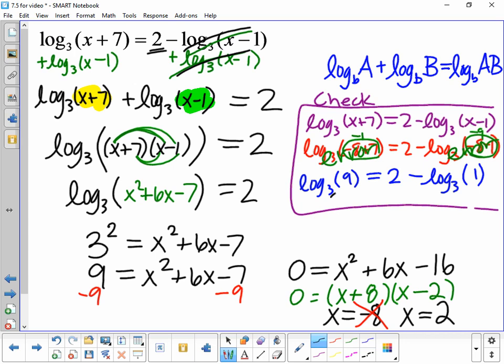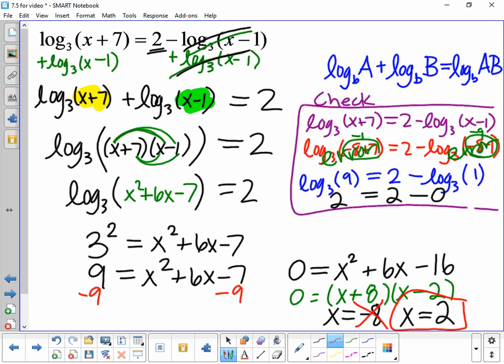Log base 3 of 9 is 2, so that's saying 2 is equal to 2 minus log base 3 of 1. That's asking me what power of 3 gives me the answer 1. That's 0. So it's just an equation saying that 2 equals 2 minus 0 if we substitute in x equals 2. So this one does work.